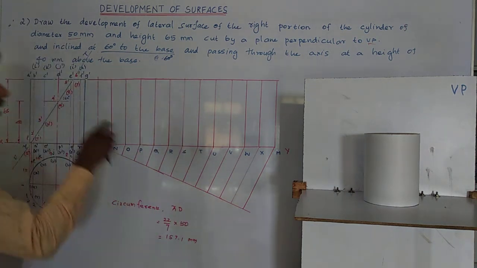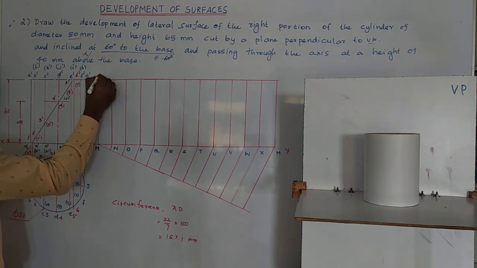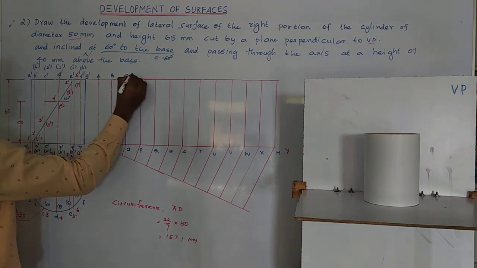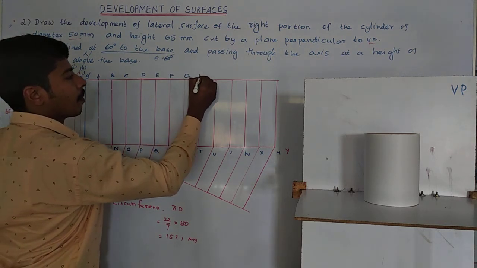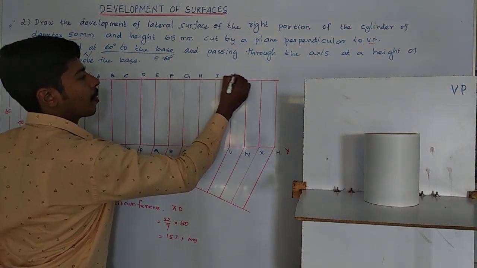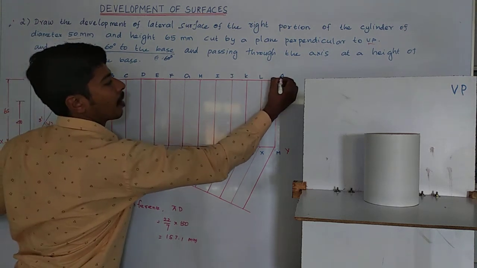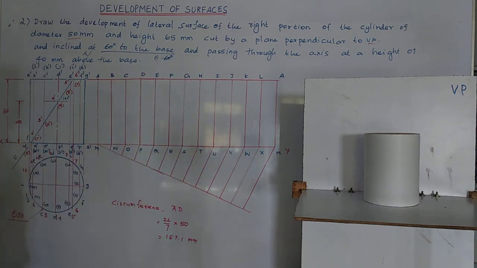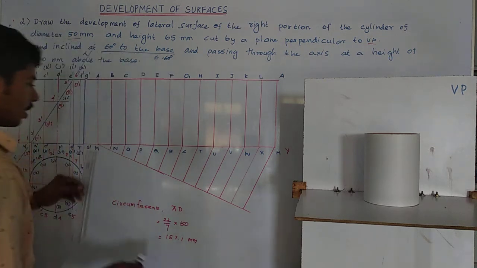So these points are A, B, C. Once again, A will come. Last A and A will come. Then, very important, I dimension this.